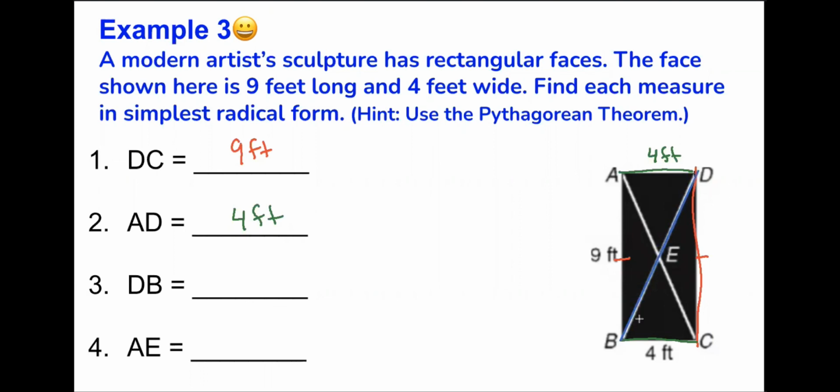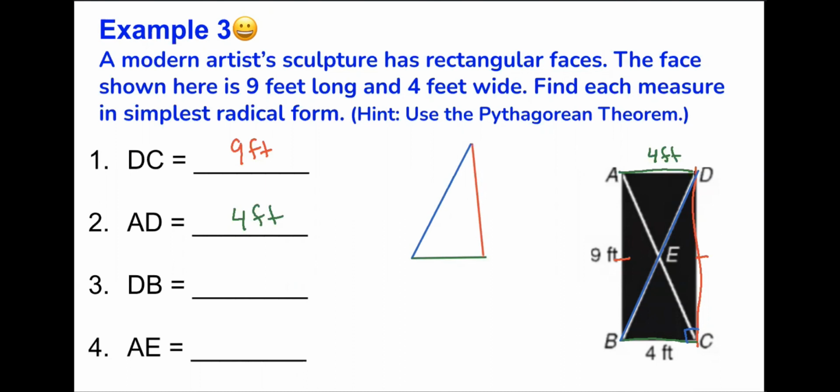And again, we can go ahead and assume that our angles are right angles because we have a rectangle here. And we can go ahead and bring it out. So we have a right angle here, bring it out so that we can go ahead and find that measurement for DB. Here's one of our legs. And here is the height of that triangle.